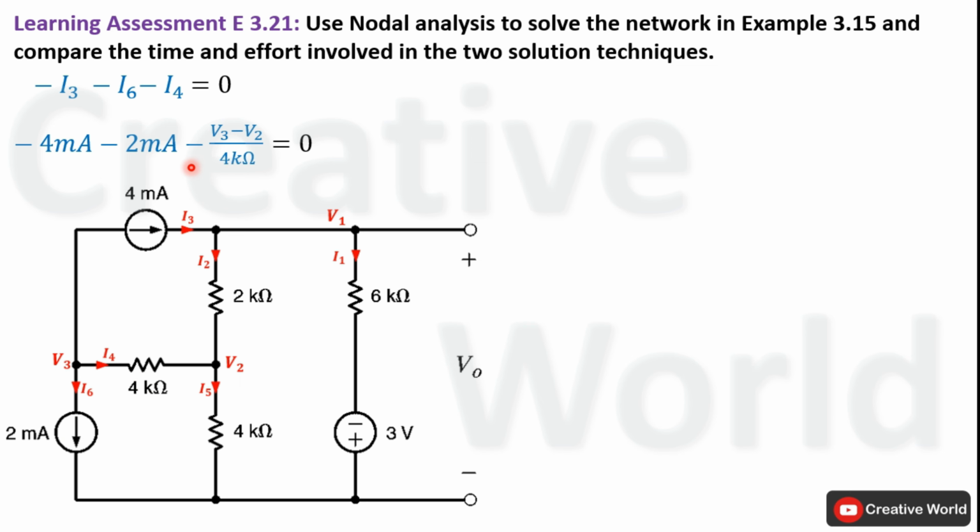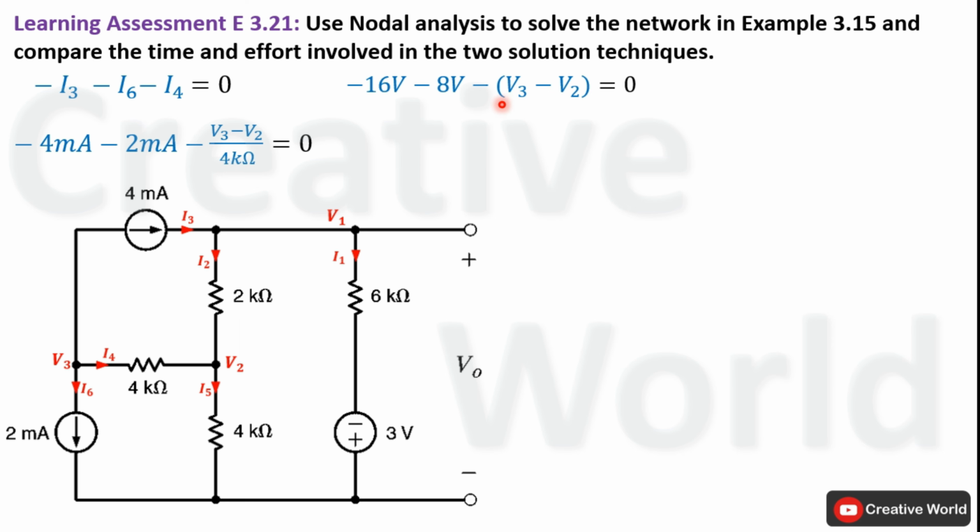Now in order to omit denominator values, we will multiply this equation on both sides with 4 kilo ohm. The product of 4 kilo ohm and 4 milliampere will result in 16 volt. Similarly, the product of 4 kilo ohm and 2 milliampere will become 8 volt. Here the product of 4 kilo ohm and 4 kilo ohm in the denominator will cancel out with each other, only V3 minus V2 will be left.